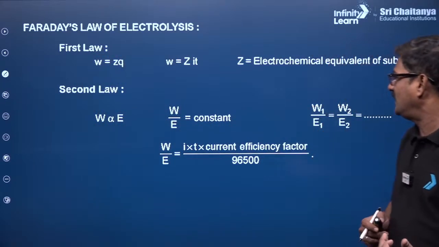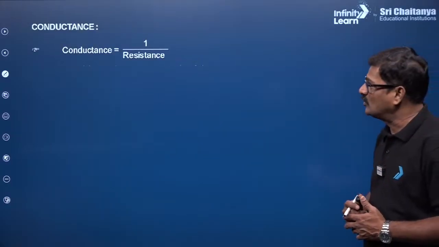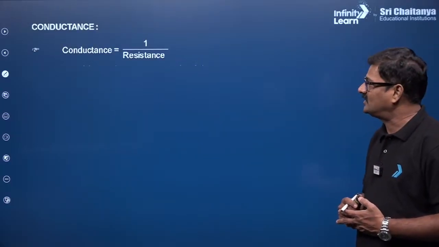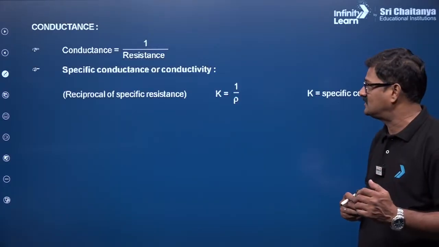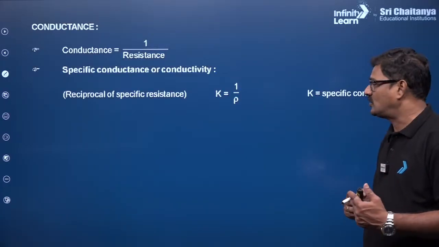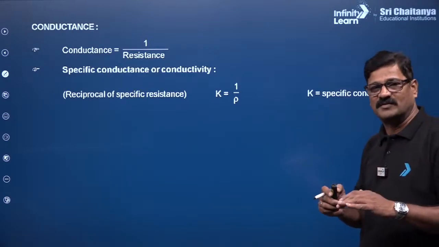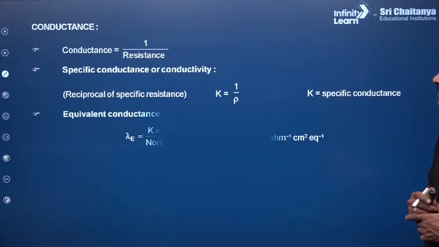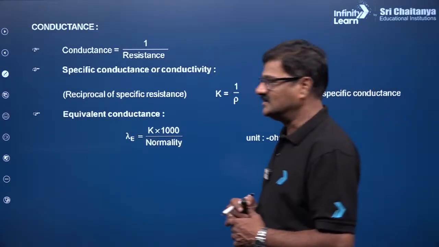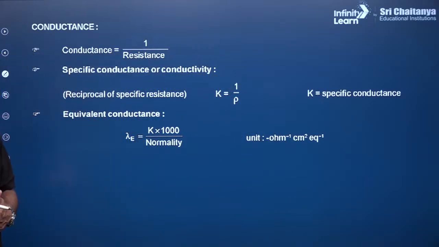Okay, and current efficiency and conductance, and we are close to this. Conductance is the inverse of resistance, and specific conductance is equal to K is equal to 1 by rho, that is called specific resistivity. Specific conductance is the conductance offered by 1 cm cube of electrolyte, and equivalent conductance is given as K into 1000 by normality.